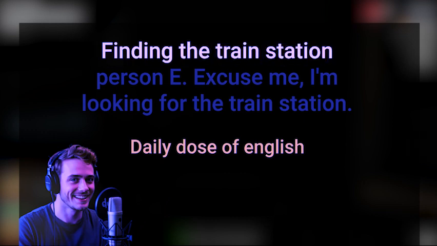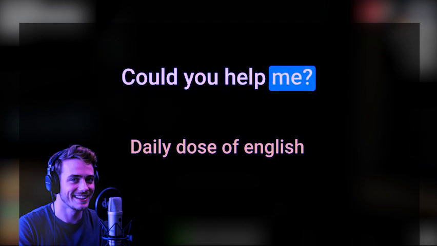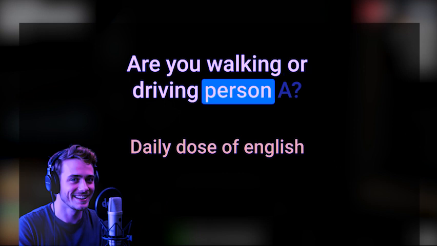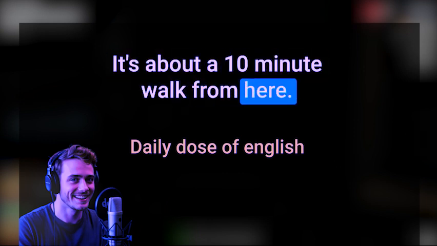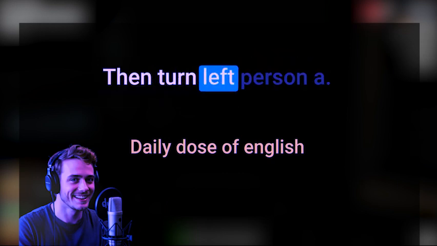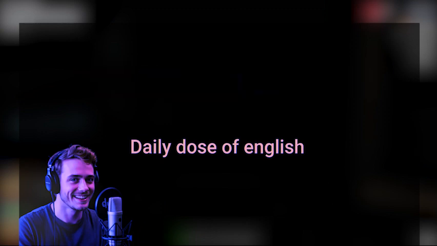Dialogue 2. Finding the train station. Person A. Excuse me, I'm looking for the train station. Could you help me? Person B. Of course. Are you walking or driving? Person A. I'm walking. Person B. Okay, it's about a 10-minute walk from here. Go straight until you reach the big intersection. Then turn left. Person A. Sorry, could you repeat that?